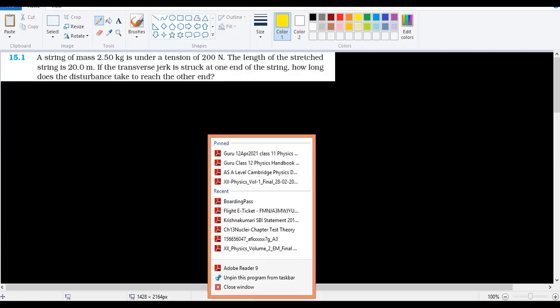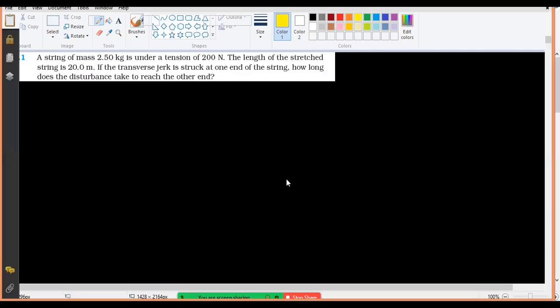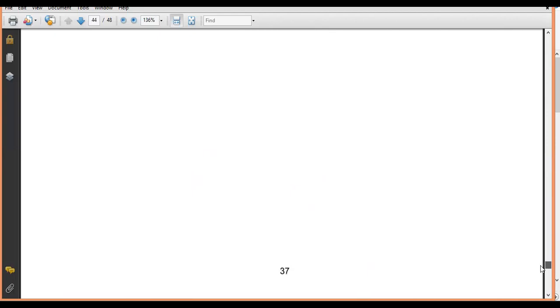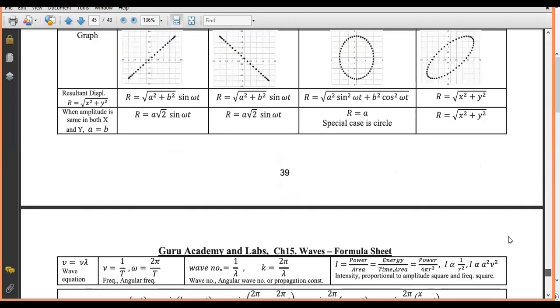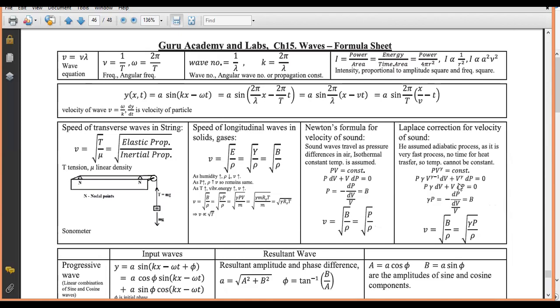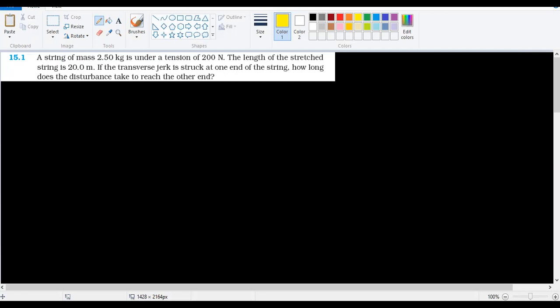So let's see. Okay, so we're talking about transverse waves. It's a string of mass under tension. So it's like a transverse wave, which means I need to be using this one.